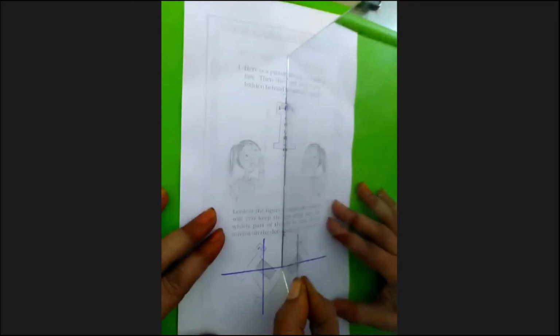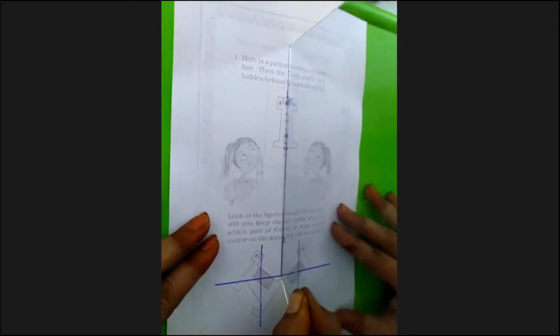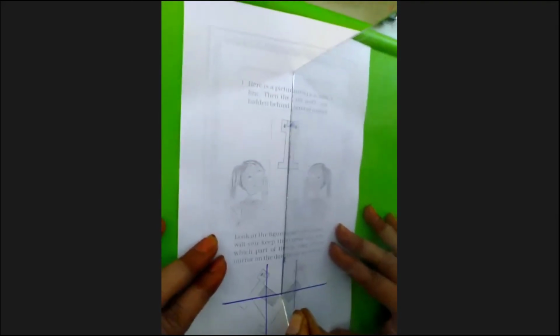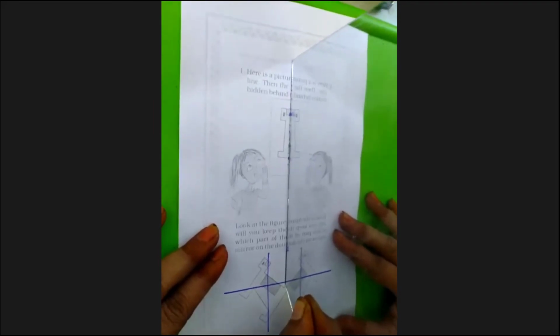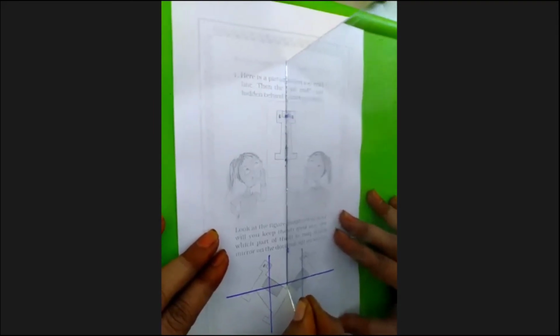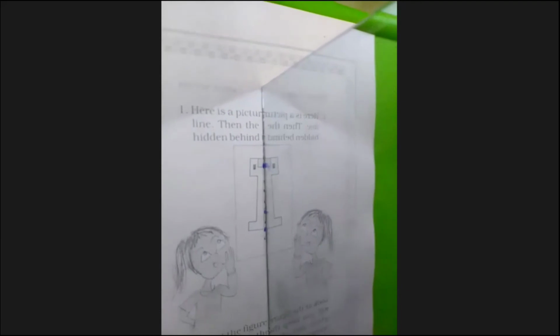Now here we have the picture of a dog and this is the dotted line. When you keep a mirror along the dotted line, what is the picture you can see here? So this is the picture you can see. This is the mirror image. And one more question is given for us.